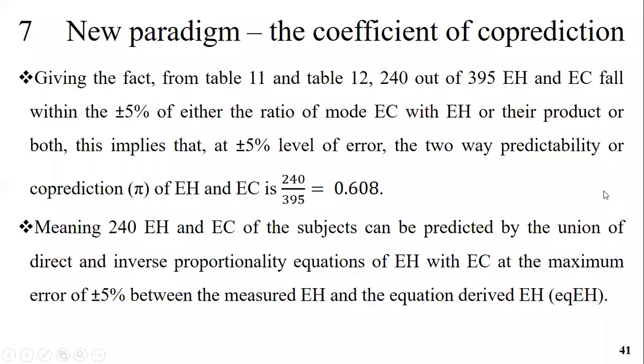So if we take this as a coefficient of predictability, since up to 240 subjects' height can be predicted by the union of the 2 relationships or the 2 equations that we put, the coefficient of predictability phi is equal to 240 over 395. And 240 over 395 is 0.608.